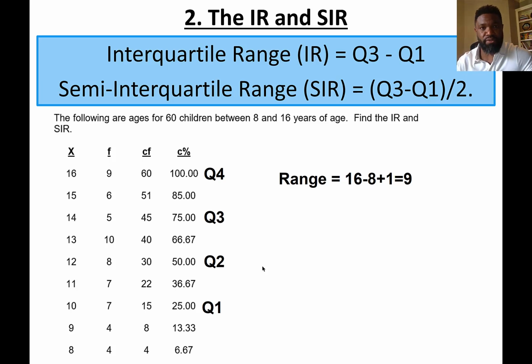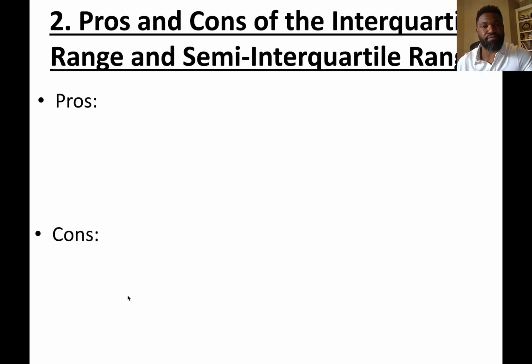Because it's the highest number minus the lower number plus 1. The interquartile range is going to be Q3 minus Q1, and you don't have to worry about the real limits for this. So we're going to say Q3 is 14 and Q1 is 10. So it's going to be 14 minus 10 equals 4. And the semi-interquartile range is just that number divided by 2. So 4 divided by 2 is in fact 2. Look how easy that was.